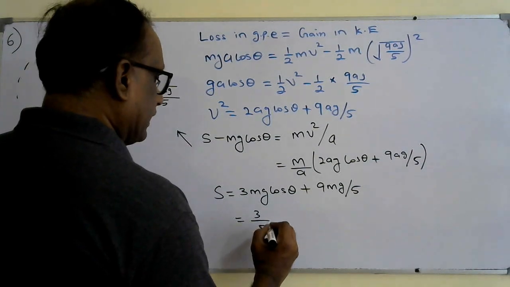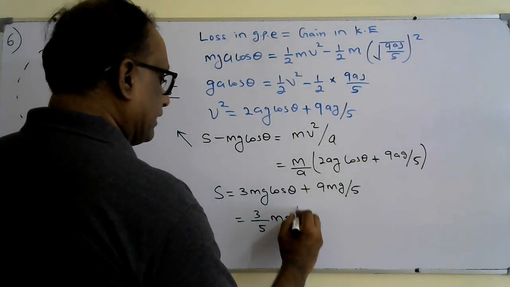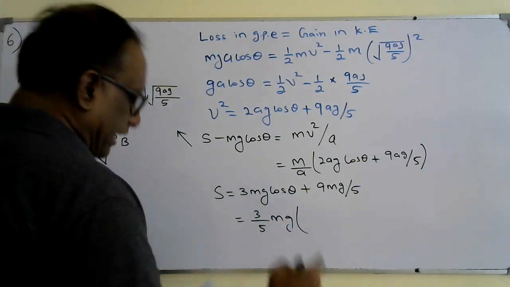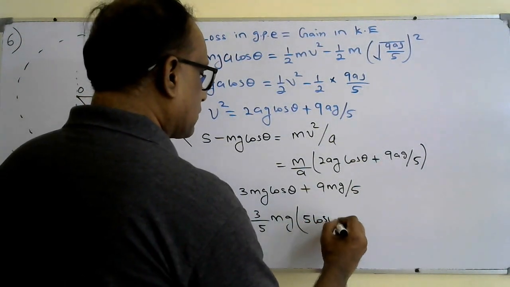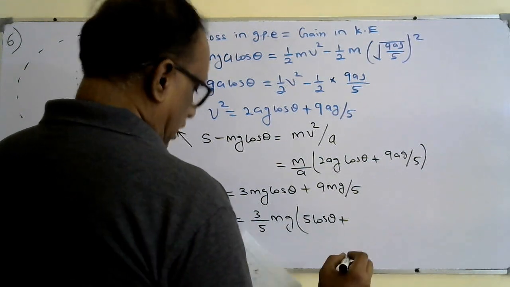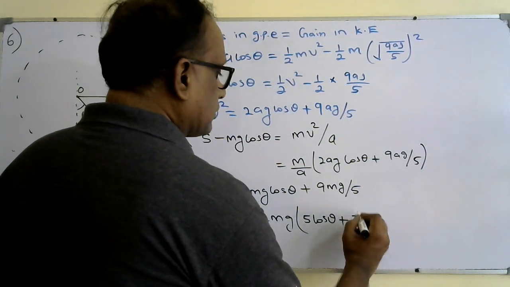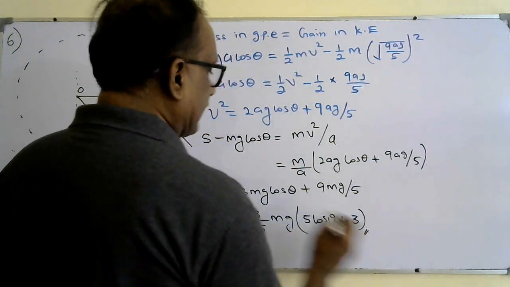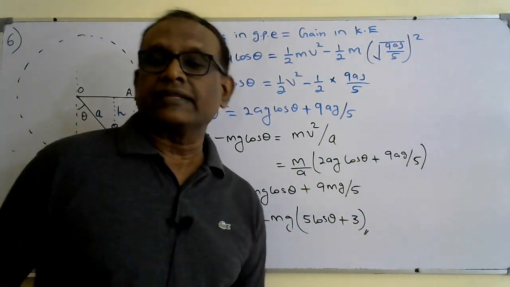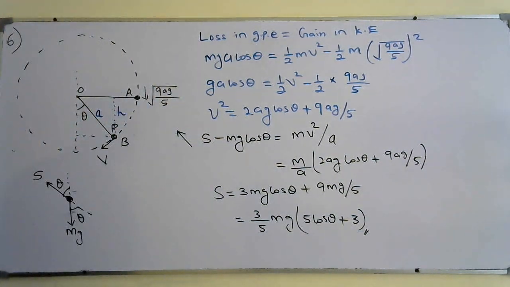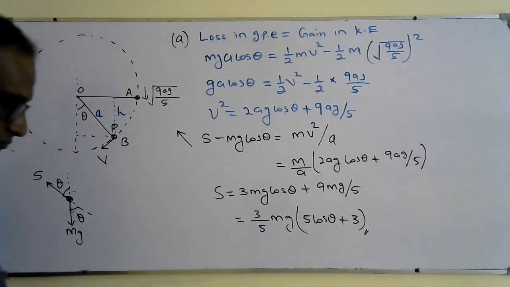Within the bracket it will become 5 cos theta plus 3. Take 3 by 5 mg out, because that's the way the question says. Okay, so what we did is A part.